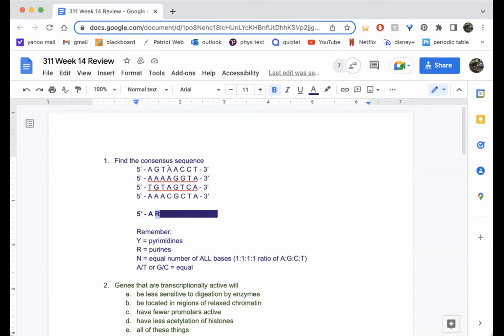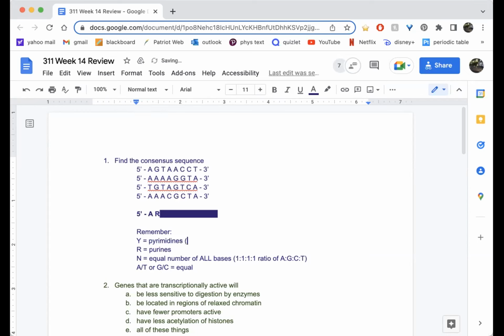So for the third one, we have AT or TATA. So for this one, we would actually want to put TA because Y's are for pyrimidines. Why was that so hard to say?